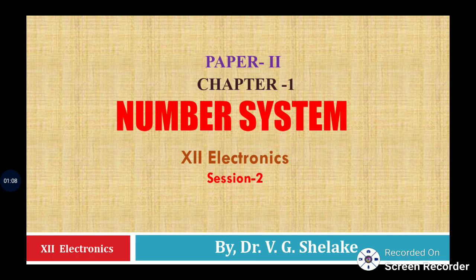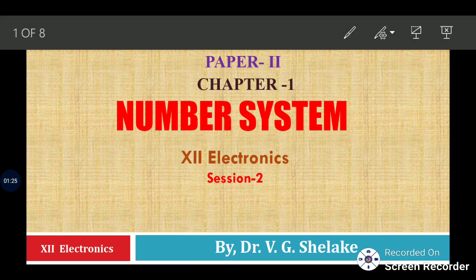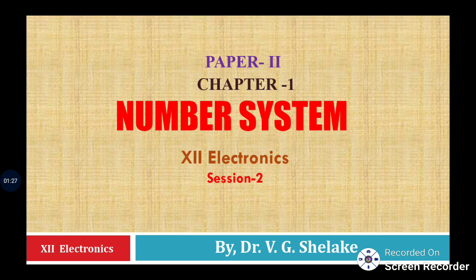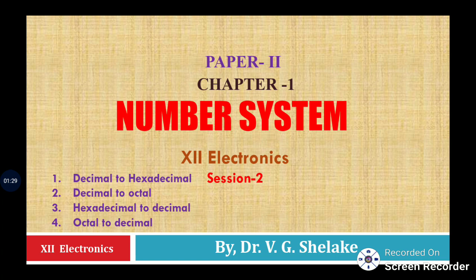Also, we discussed the double method, which is used to convert a decimal number into its equivalent binary number, and also one conversion method used for binary to decimal conversion. In this session, we are going to discuss other conversion methods like decimal to hexadecimal, decimal to octal, hexadecimal to decimal, etc.